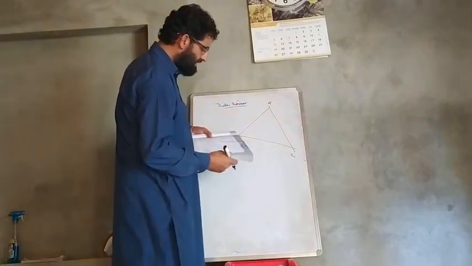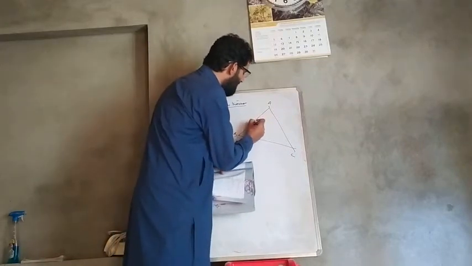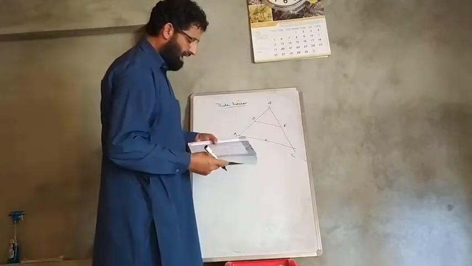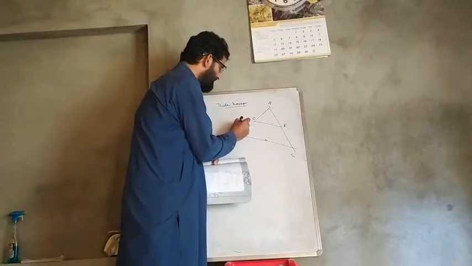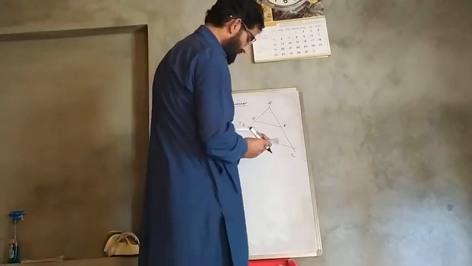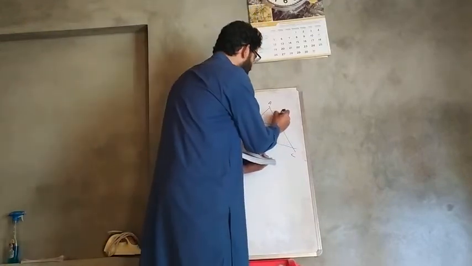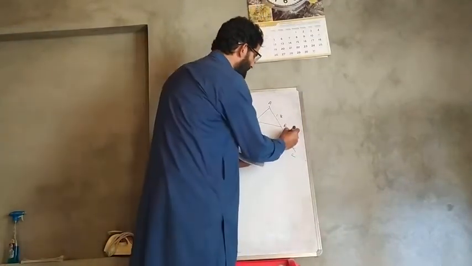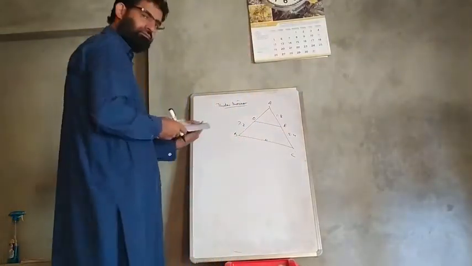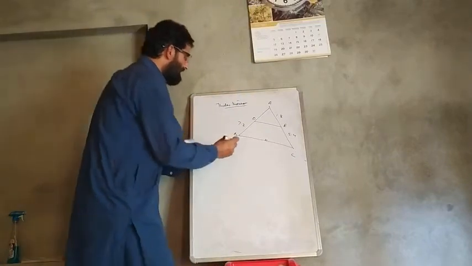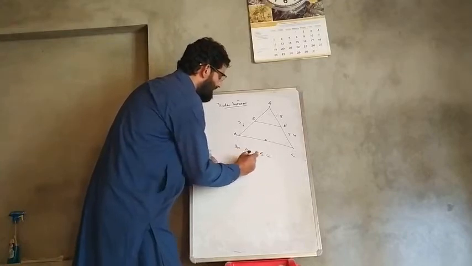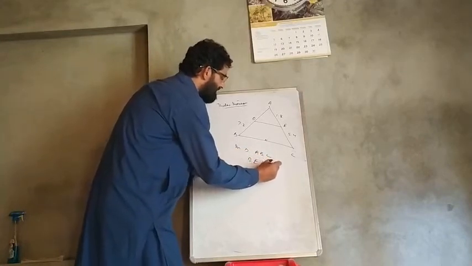Now again DE is parallel to BC, and AD is to be determined, DB is 7.2, and this is 1.8, and this is 5.4. So in triangle ABC, this DE is parallel to BC.